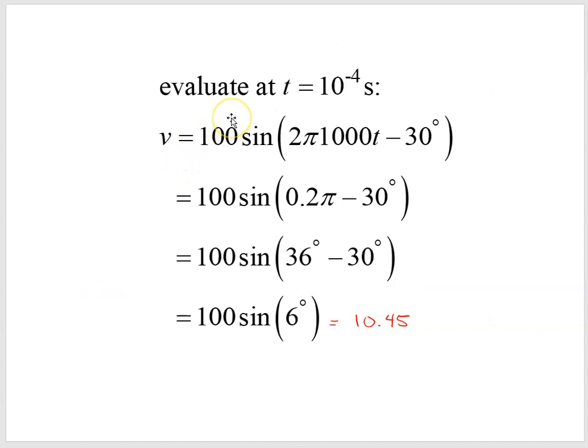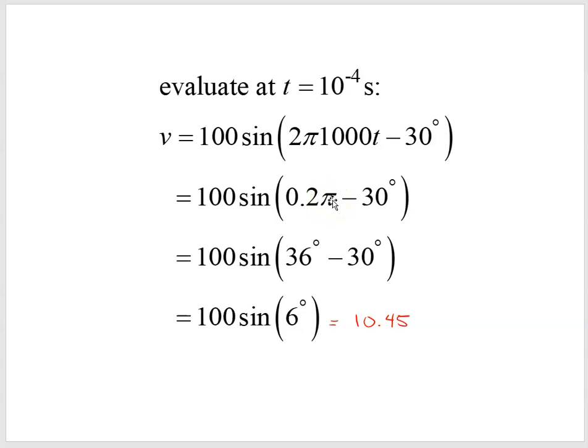Again, if we evaluate that, here we show converting to degree mode as engineers. We convert this 2 pi times 1000 t. First we plug in t equal to 10 to the negative 4 seconds, so we have 0.2 times pi. Then we have to convert pi to degrees.